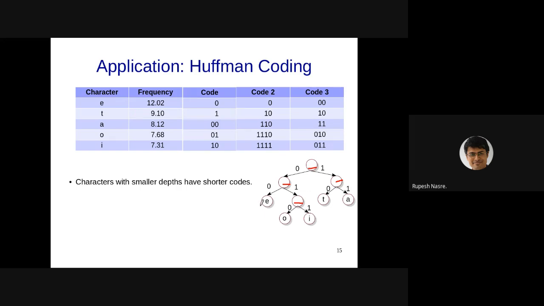That's what we see here. E, T and A are at height 3 or level 3, whereas O and I, which occur less and have smaller frequencies, are at level 4, and therefore their code lengths are going to be slightly larger, and that is always going to happen. As you move something up, something else is going to come down, right? So that is one observation.